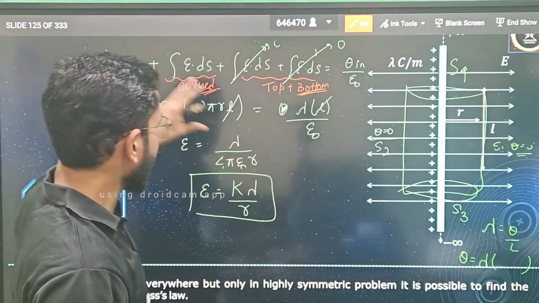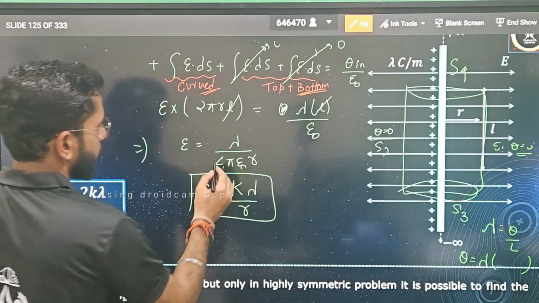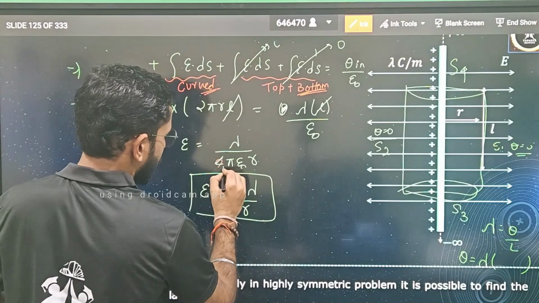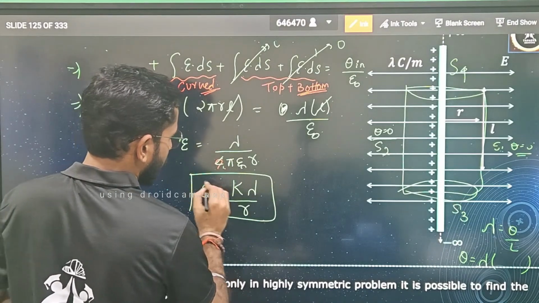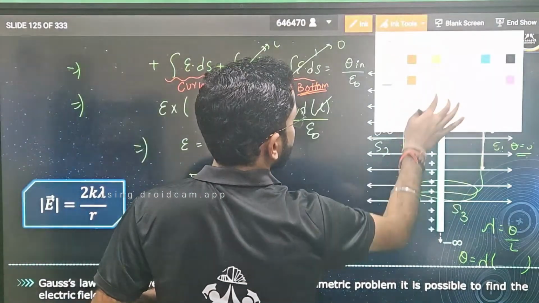So combining all of this, I can write it is equal to 2 pi RL. That means here also it will become 2 pi epsilon naught, and here it will be changed.